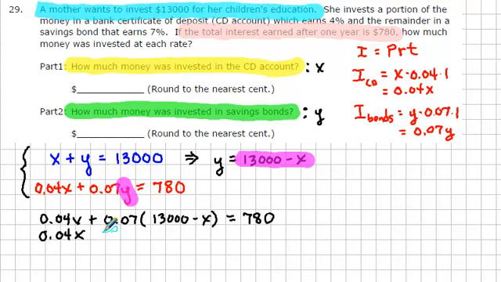First of all, distribute the multiplication by 0.07. I'm using a calculator here. 0.07 times 13,000 is equal to 910. And 0.07 times x is 0.07x. And that's equal to 780.